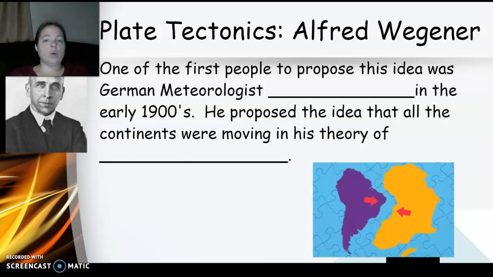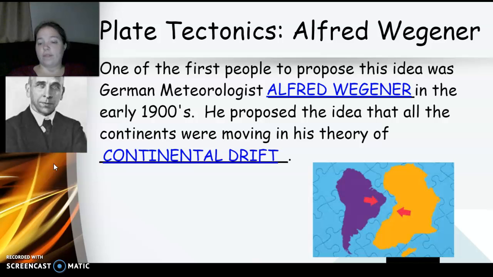All right, so one of the first people to propose this idea was the German meteorologist, not geologist, meteorologist, Alfred Wegner, in the early 1900s. So he proposed this idea that the continents were moving in his theory called the continental drift.